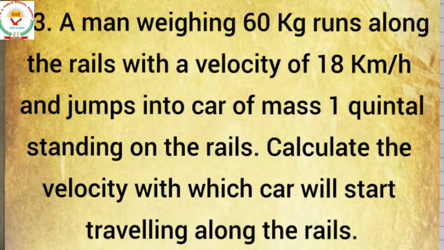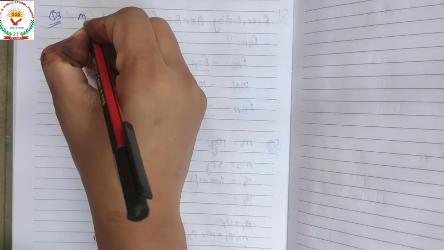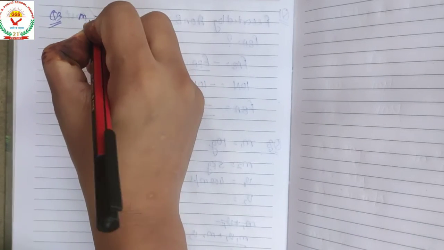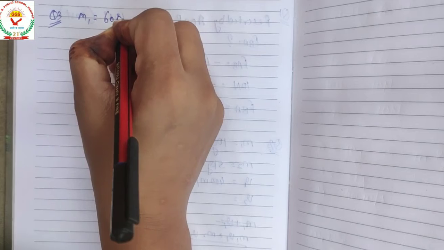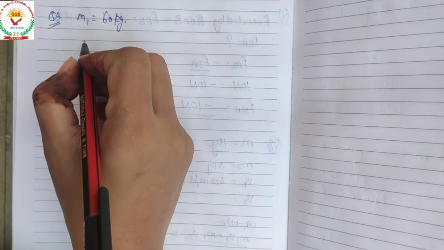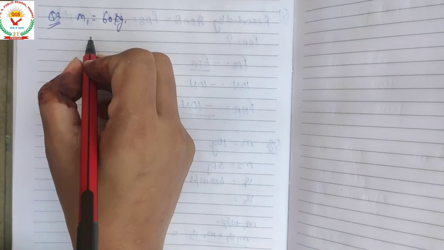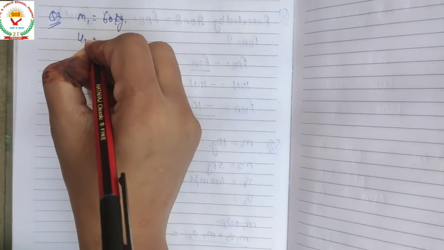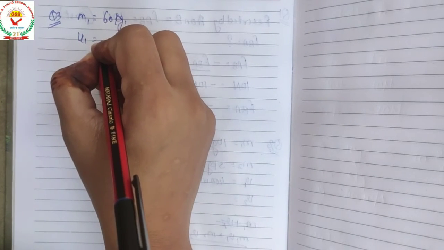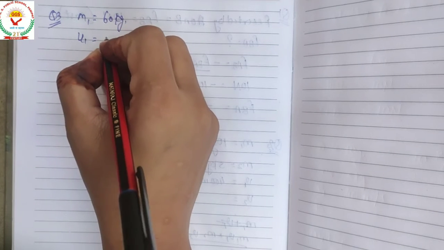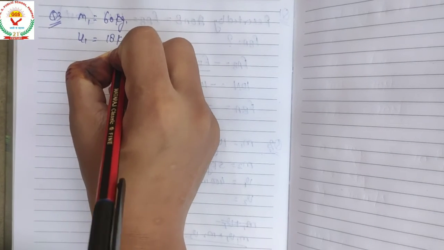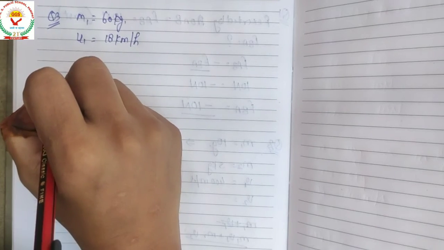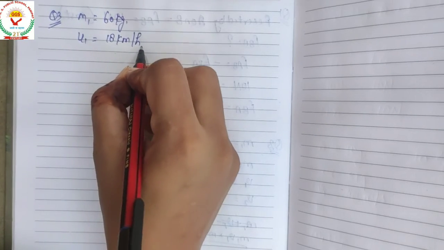Calculate the velocity with which the car will start traveling along the rail. So we are given M1 is equal to 60 kg, that is the mass of the man. And U1, the velocity of the man, is 18 km per hour.